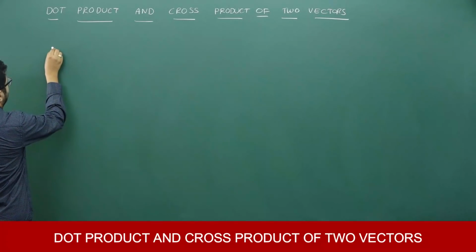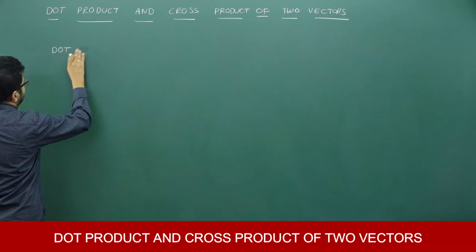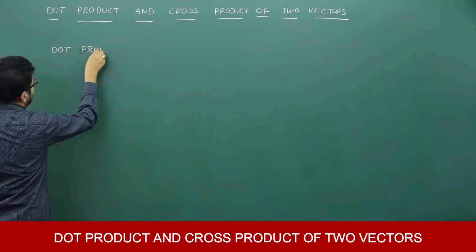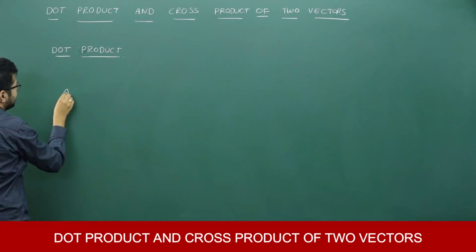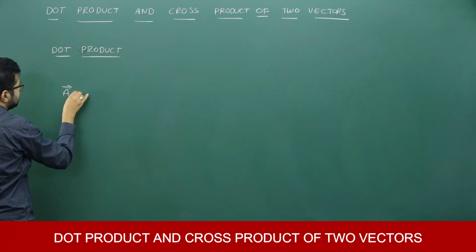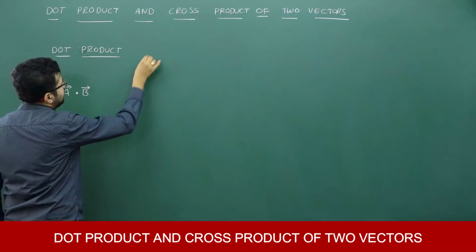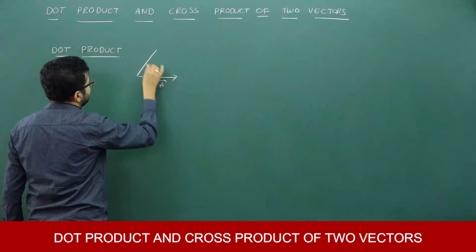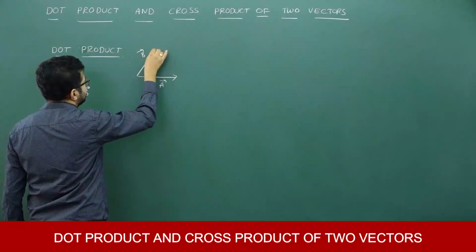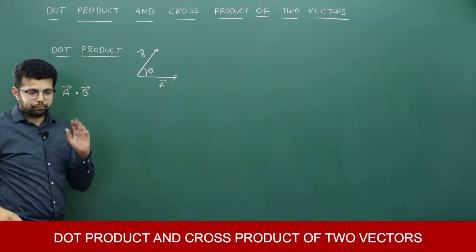Dot product of two vectors. The dot product of two vectors A and B is defined as A dot B. Say there are two vectors, vector A and vector B. The angle between vector A and vector B is theta.